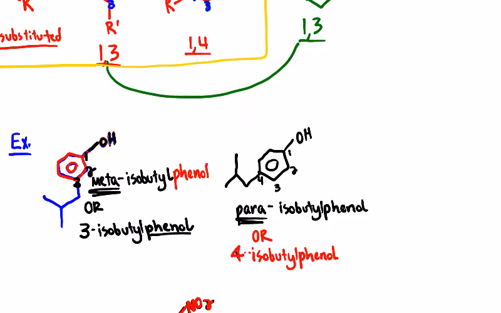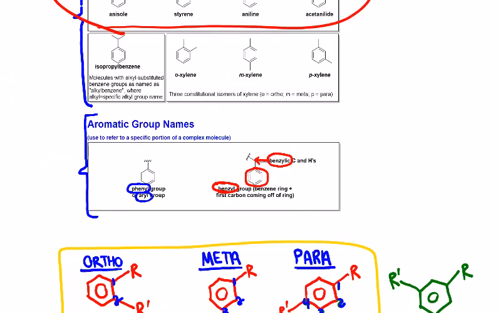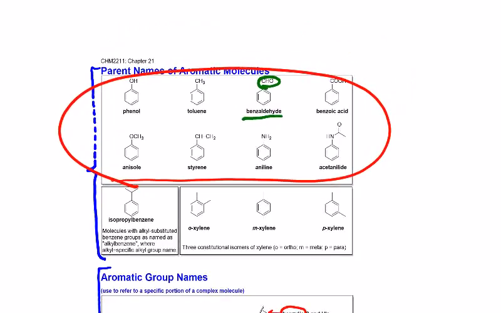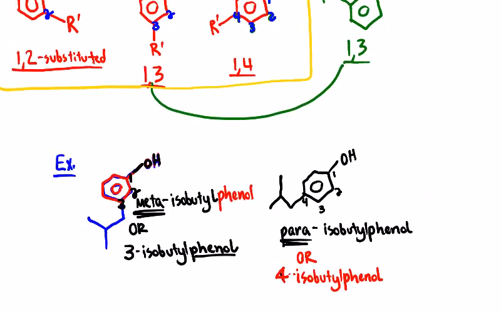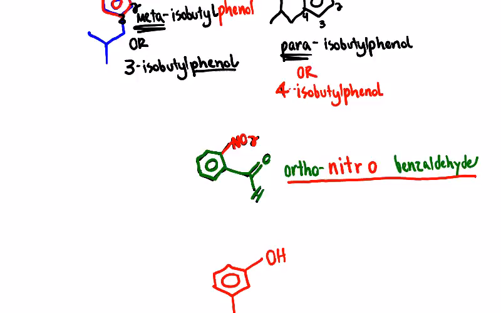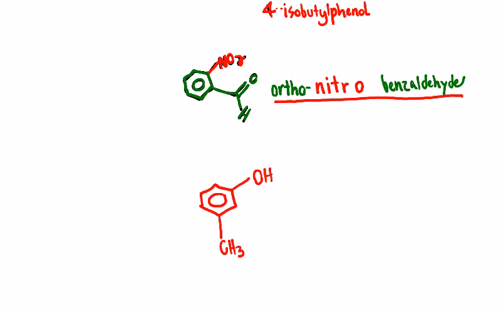We will see the possibility that this could be referred to as a phenol ring, since we certainly have a hydroxy group there bonded to the ring. We would also see that it could be referred to as a toluene ring as the parent name, because there's also a methyl group bonded there. So how do you decide which one to use? The answer here is that actually it is acceptable to use either of those as the parent name.